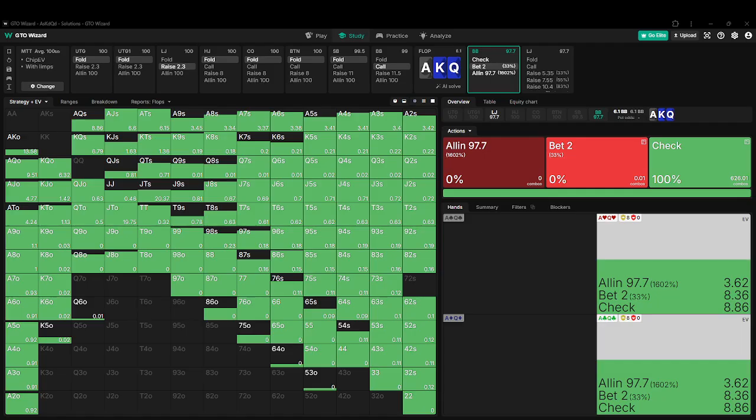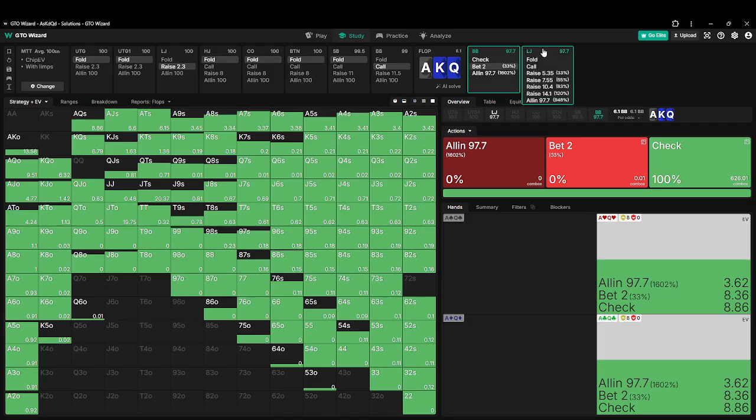If you have the node locking tool in GTO Wizard, you can play around with that and see what the differences are. But the right way is keeping it all very consistent and observing what the differences are, primarily based on the type of flop that we have, because that keeps things as simple as possible and avoids things getting too confusing if we use a lot of different positions, bet sizes or stack sizes.